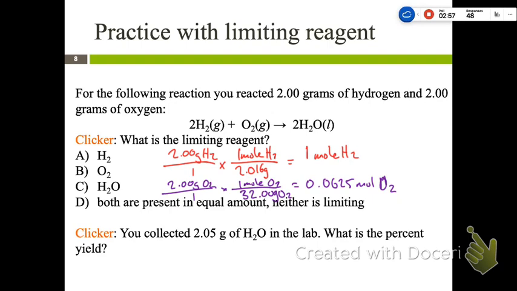The other way to do it is to say, okay, if I have this many moles of my reactant, I could have instead said, I know that if I have 1 mole of O2, I can make 2 moles of H2O. And I could say, how much water can I make from this 2 grams?